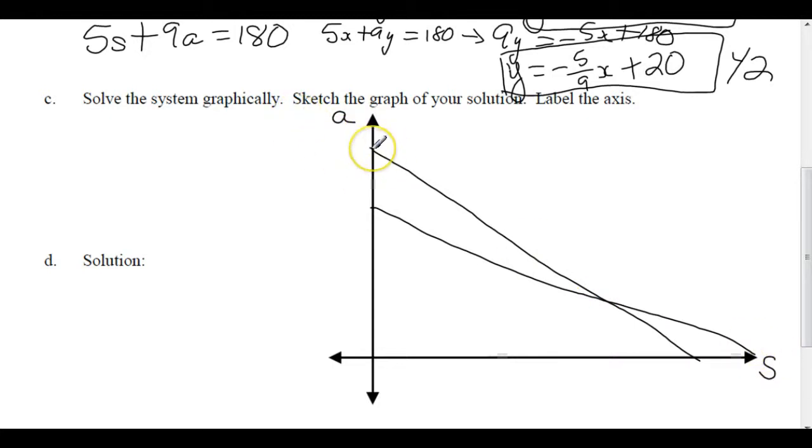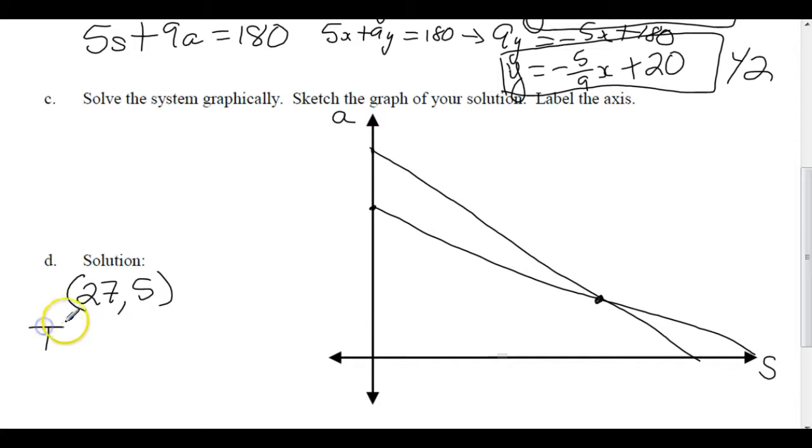We're not actually going to put arrows on here, right? Because it's numbers of people, and in essence, really, it's a set of points. This is really discrete, not continuous, but graphically, this is what's going to happen. And so the solution is 27 students, 5 adults.